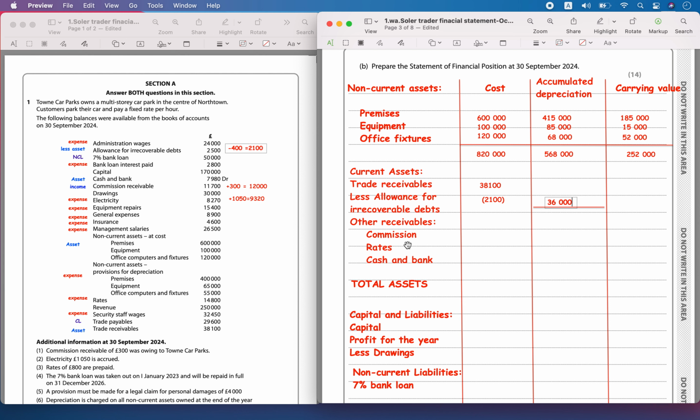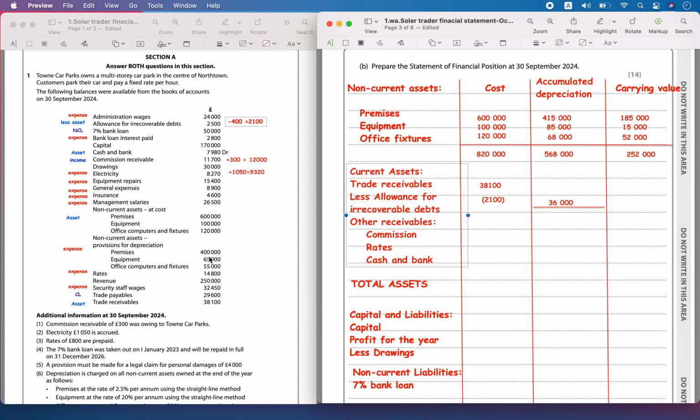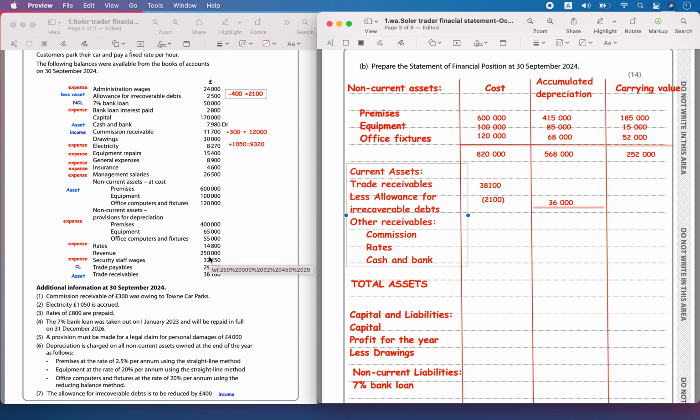Okay, so the commission receivable had become 200 owed, to 300 commission. Now let's see the other receivables. The rates had got prepaid, so that is 800. So let's write 800 as prepaid.